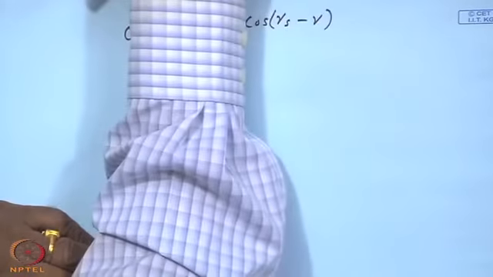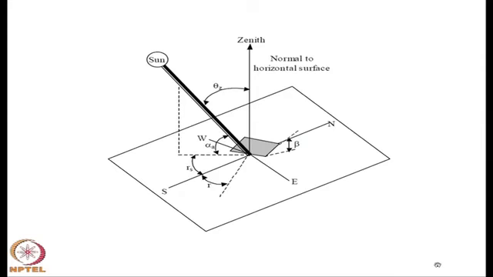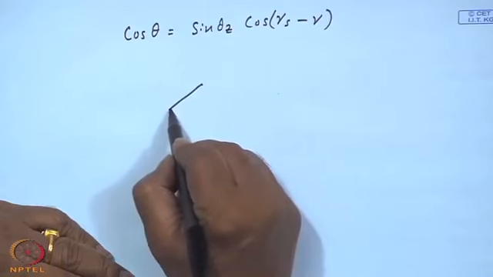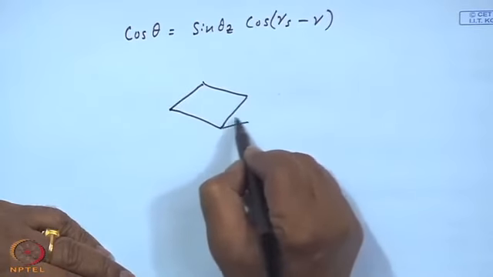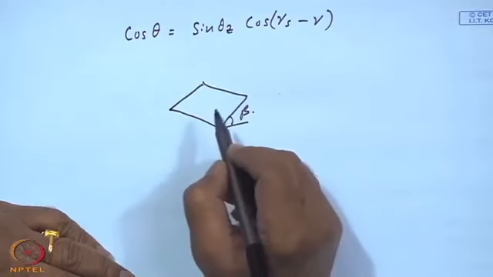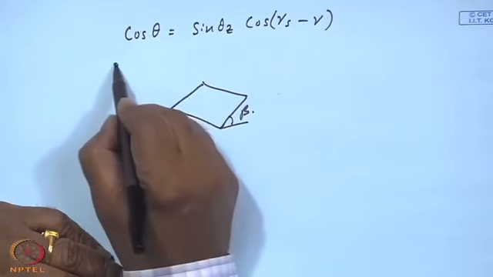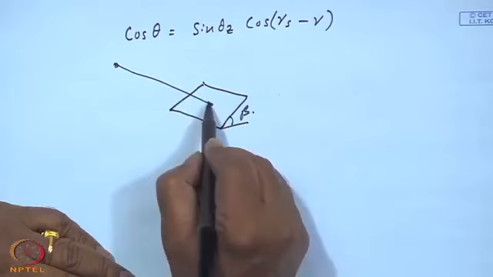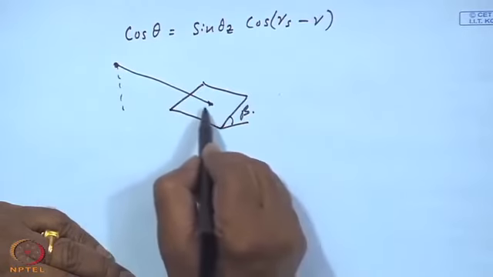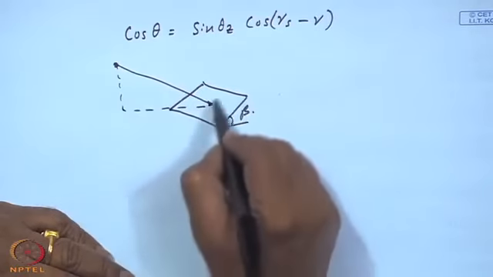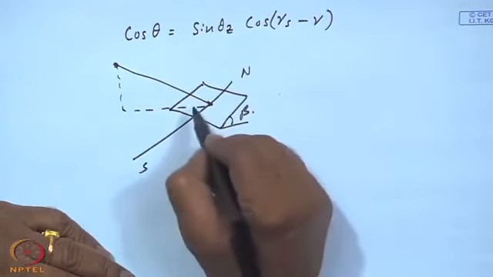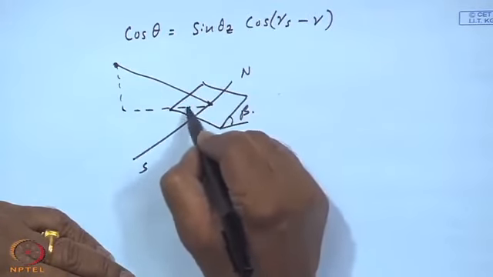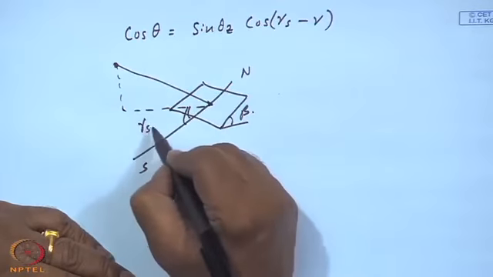I think the next picture should be, yeah, you have got the tilted surface with an angle beta, and the sun's ray is coming something like this. If I take the projection of the sun's ray, and if this is your south north, then this should be your gamma s.